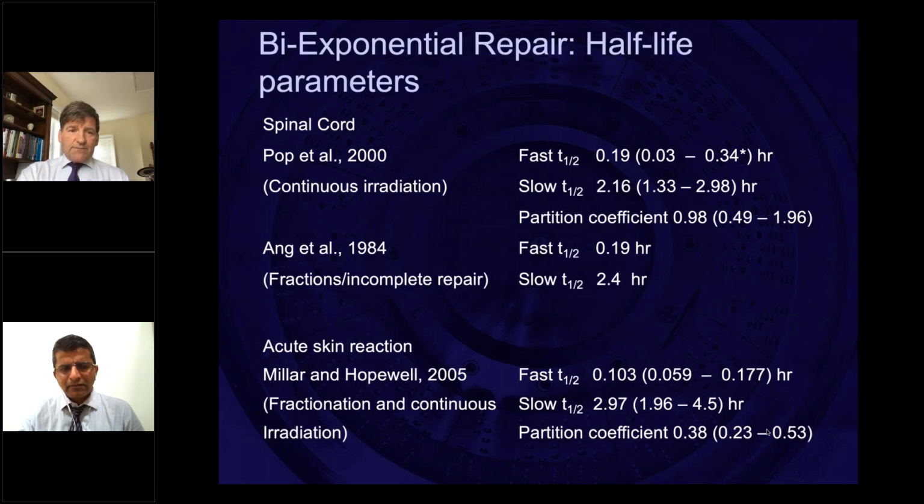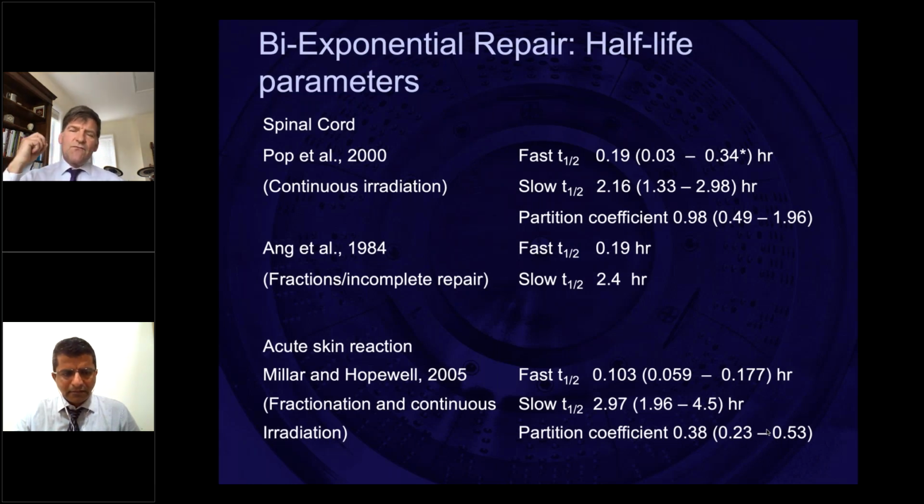But in the work done on animal models, we have fast and slow repair rate estimates for spinal cord from Luke Pop's work and Kian Ang's work in the 1980s, with identical fast repair times and ever so slightly different slow repair times. Then Miller and Hopewell published some work on acute skin reaction.